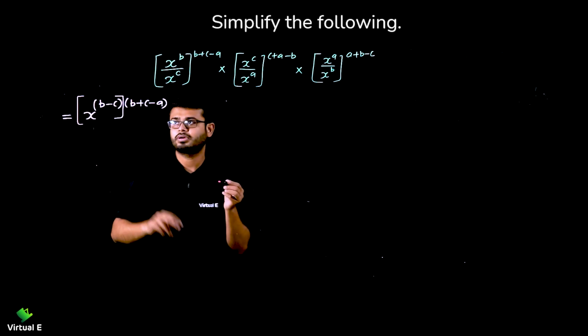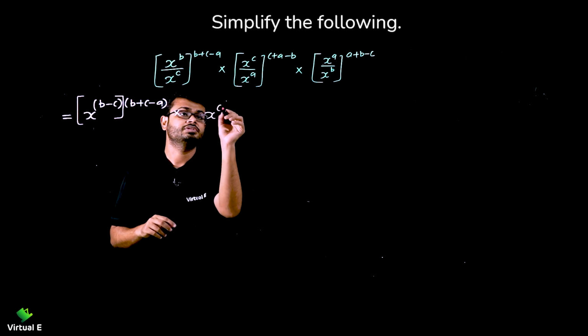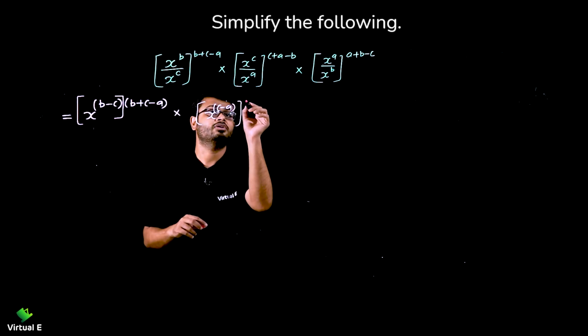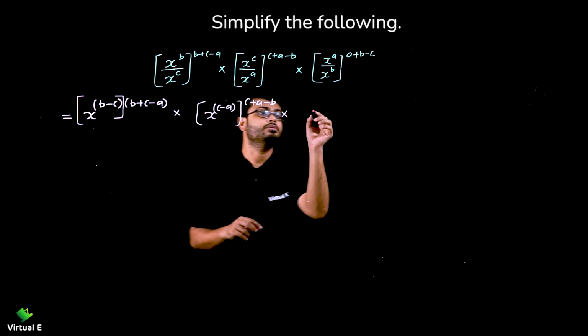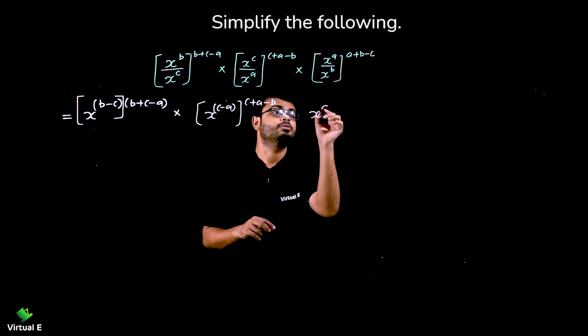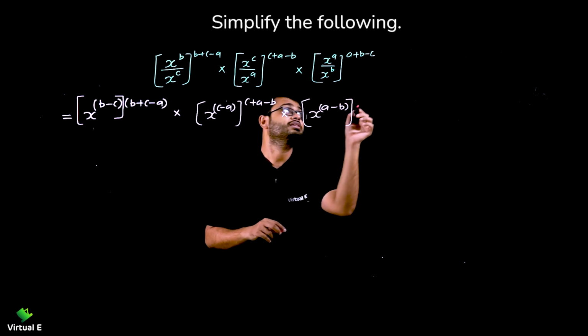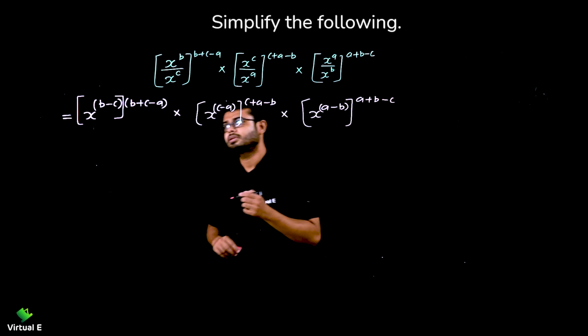That can also work out, right? So let's do for the another one, x raised to c minus a, and bracket over here we have the common power, that is c plus a minus b, into we have x raised to a minus b, done, and here let's take the power a plus b minus c, done.